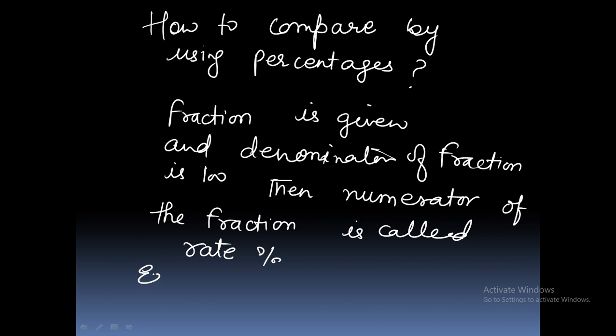For example, we have given 5 by 100. That means it is given 5%. 5 by 100 means 5%.